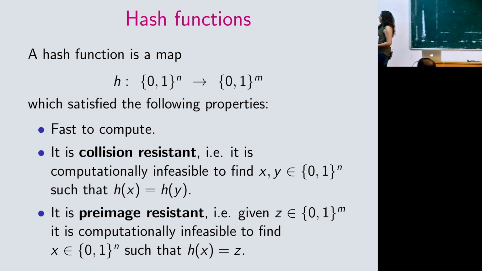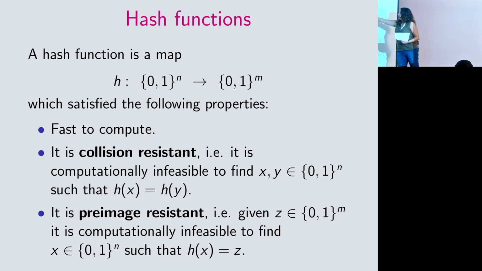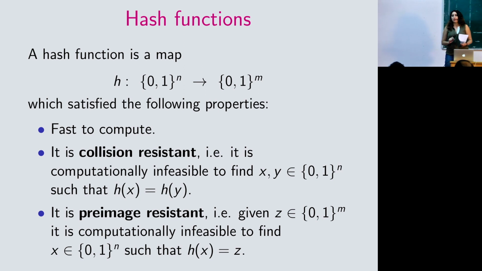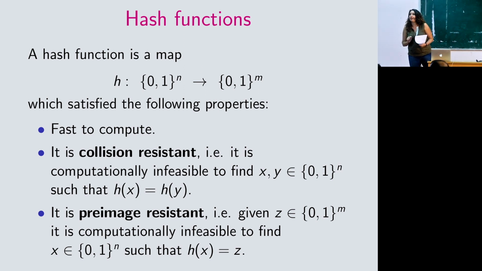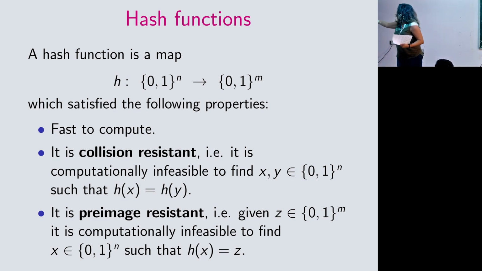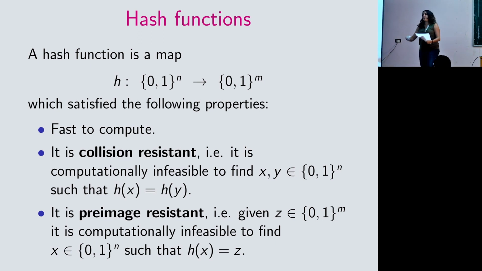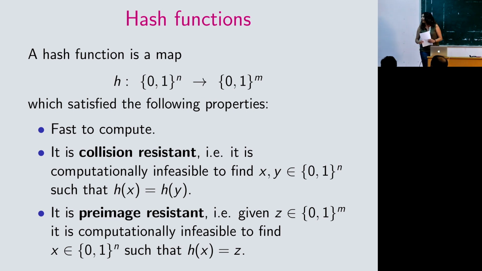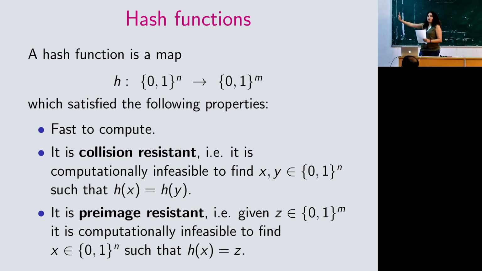It means that if I give you an element here in the codomain, it is hard to find an element in the domain whose image is that given element. Yes? Whether we should restrict the size of the domain? Sorry? Whether we should restrict the domain of a hash function, that n bit you are restricting. So I'm taking a fixed, yeah. In this case, yes, I fix, because then you will see why. In this case, yes, it's more particular, okay? Thank you.